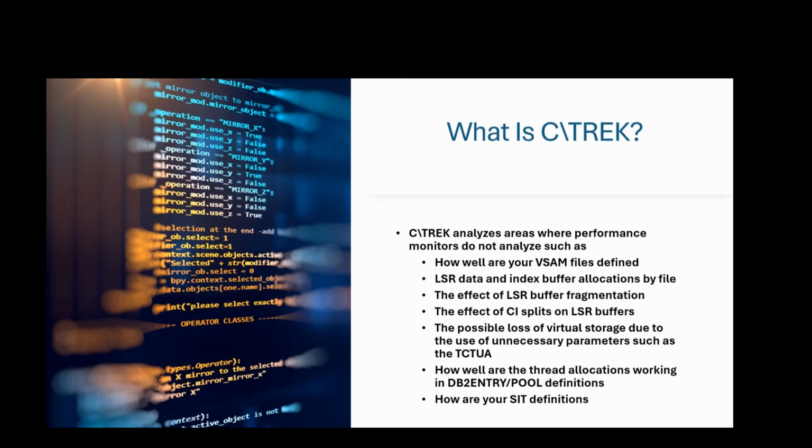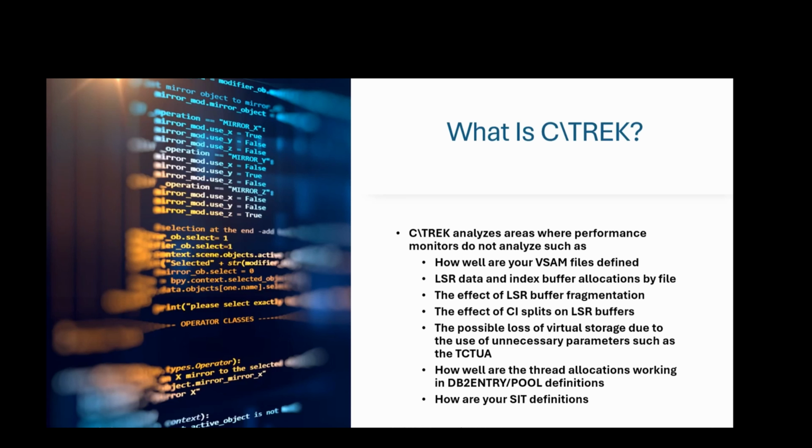went in there and did an analysis for them, and they found out they had like 8,000 terminals defined, and each one of the 8,000 terminals had 255 bytes allocated to the TCTUA. C-Track did an analysis for them and said, look, the highest position that you're using in your TCTUA is position number 42. So from position 42 or 43 to 255 is basically wasted storage.